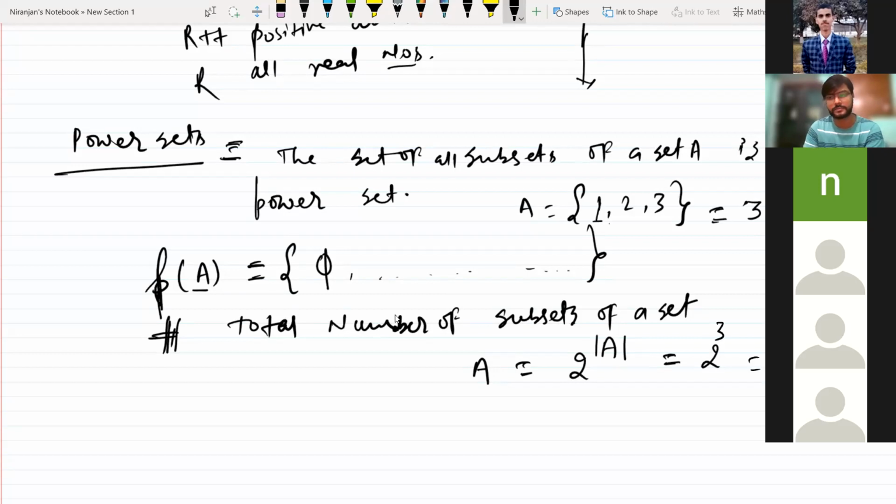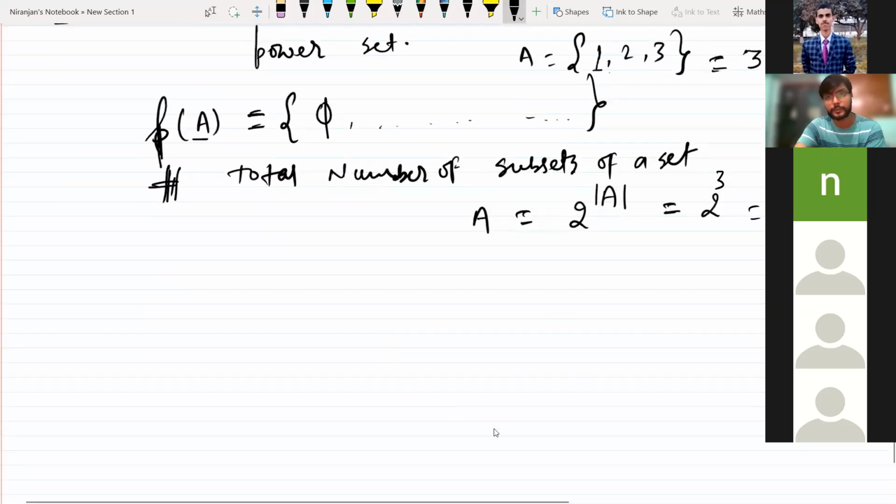So it's 8. Okay, I can prove how this formula comes, but I think I don't have that much time.